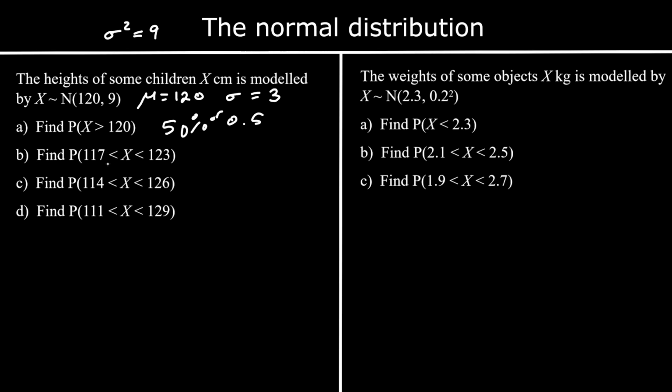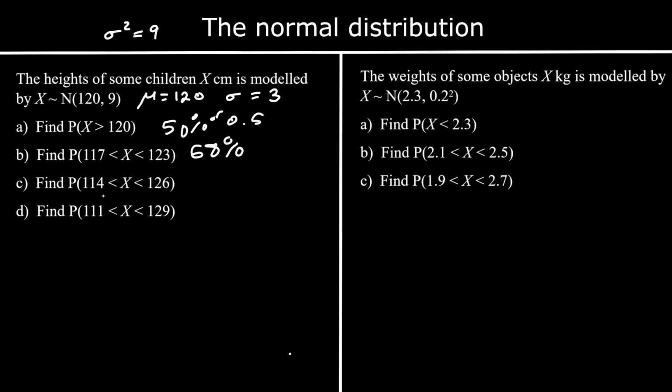Find the probability the height is between 117 and 123 centimeters. And that's within one standard deviation. So within one standard deviation, we have 68% of the data. So between 117 and 123, that's going to be 68%.